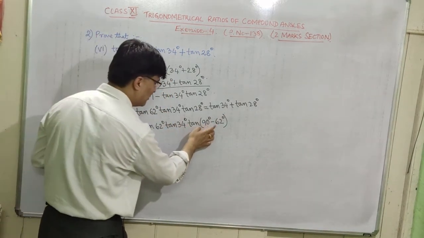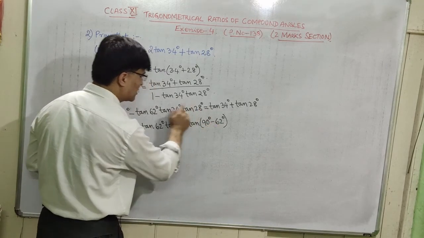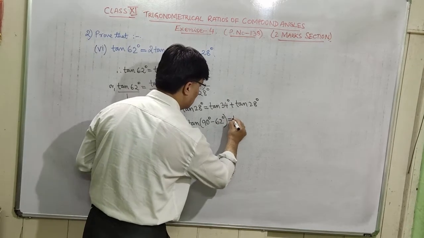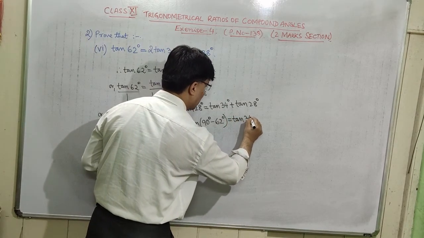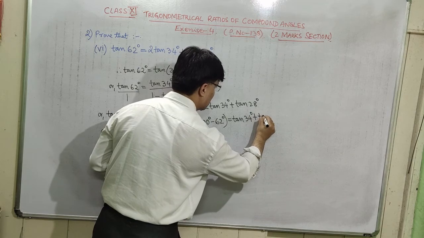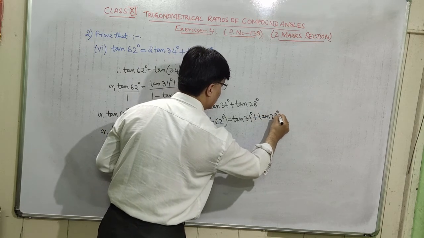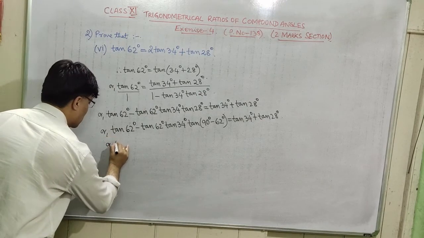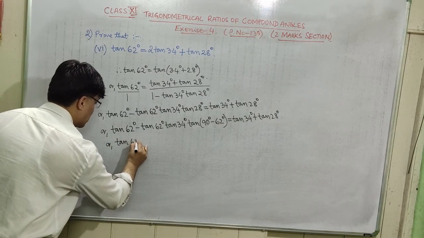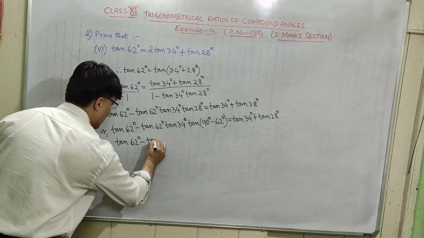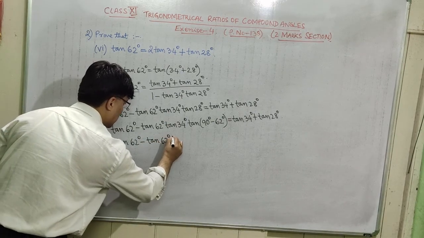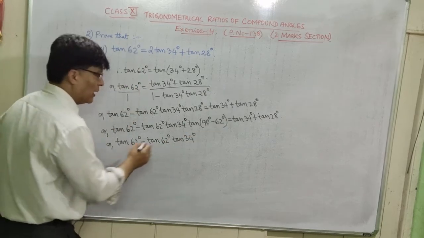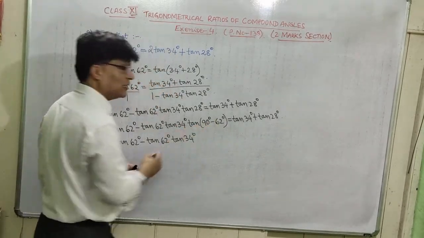Okay, so 90 minus 62 is 28, isn't it? Let us check it. 10 minus 2 is 8 and 8 minus 6 is 2, that is your 28 degree. So which is equal to tan 34 degree plus tan 28 degree. Is that clear? So now this is tan 62 degree minus tan 62 degree, tan 34 degree, and what about this tan 90 minus theta?